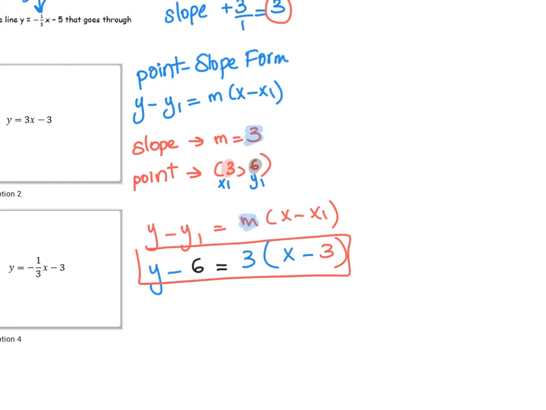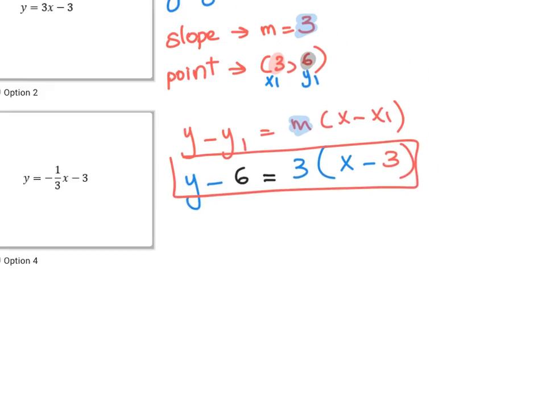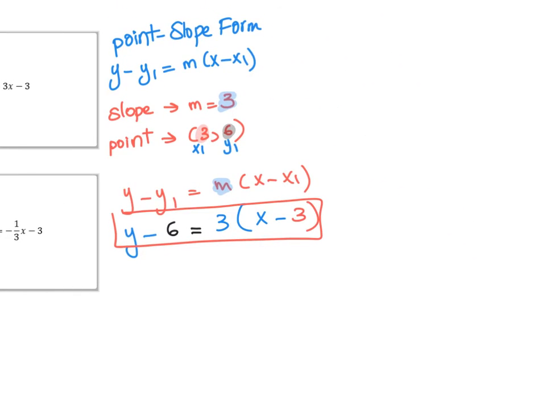So that is the point-slope form. I look at the answer choices and I don't see that. So what they want me to do then is basically just distribute and combine like terms. This is a correct equation, but it's not any of the answer choices. So I need to distribute and combine like terms, and then I compare again to the options that I have.